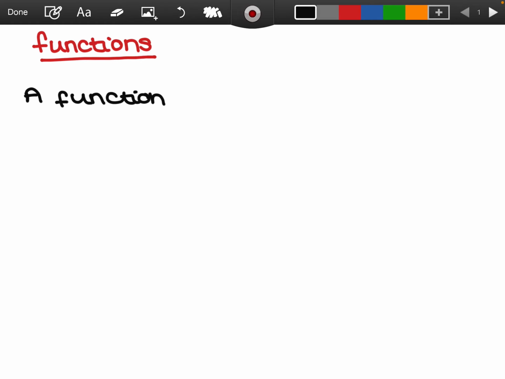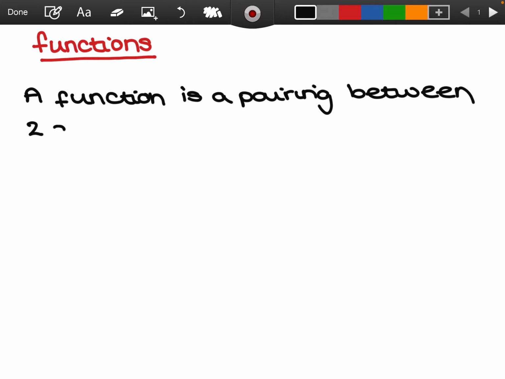So a function is a pairing between two sets where each element of our first set is paired with exactly one element of the second set. We're going to talk more about that in a second.